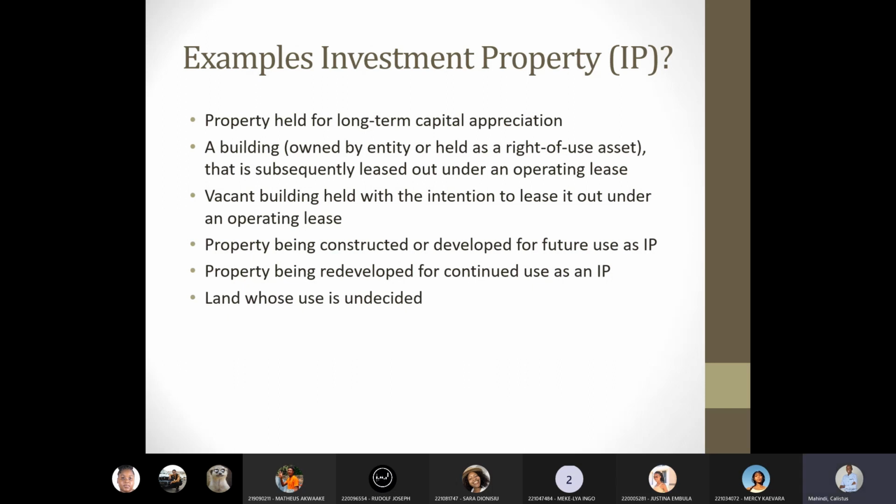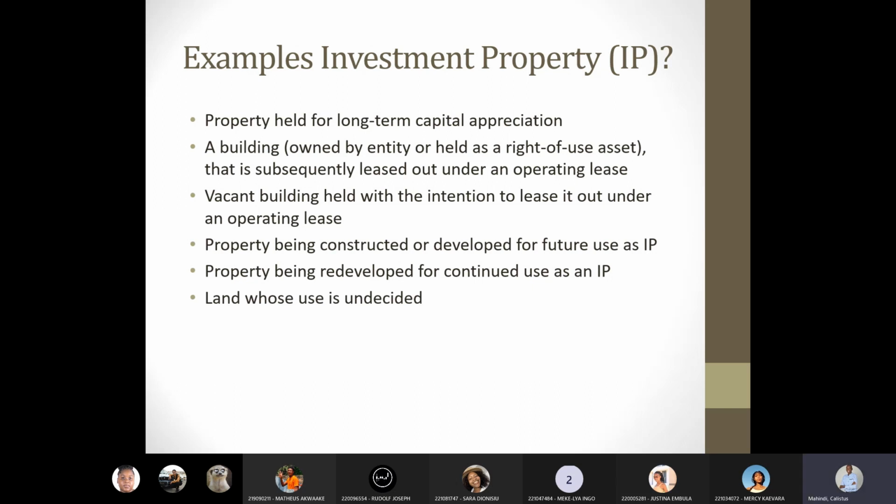It can be a building that is owned by the entity or is held as a right of use asset by a lessee and is subsequently leased out under an operating lease. So you can think of it, let us say you have a property, maybe a property was donated to you or you inherited a property and then you decide to rent out that property. All right, you rent out, so you lease it out.